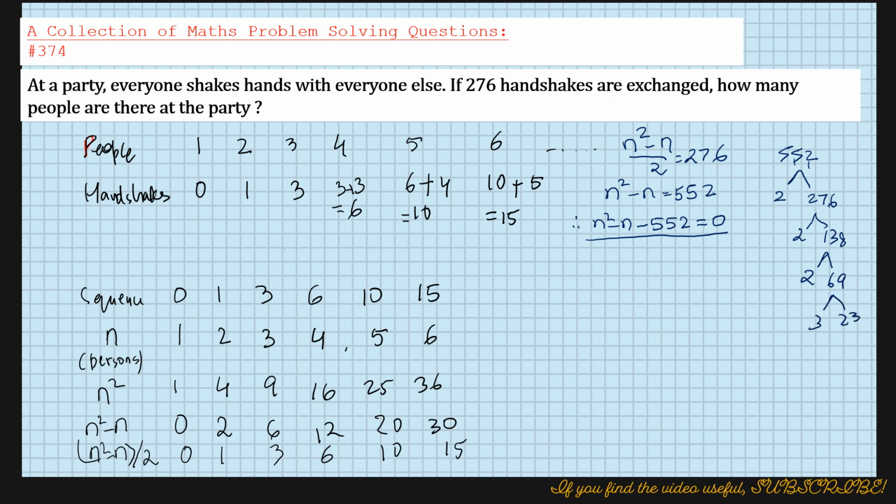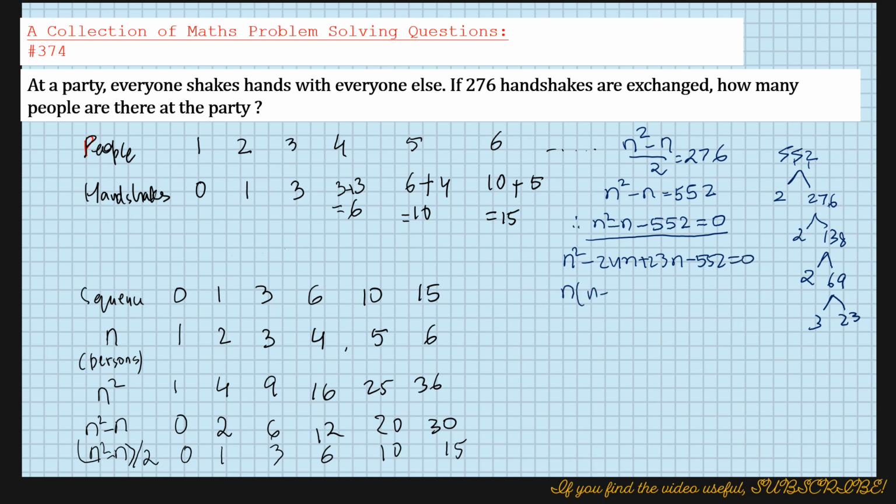So we can say 2 times 2 times 2 times 3 is 24, and 24 times 23, which is easy enough. So n square minus 24n plus 23n minus 552 is 0.